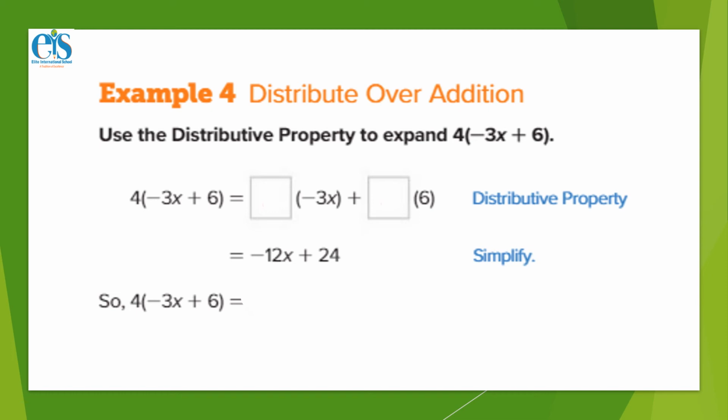We will use the distributive property here, which means 4 gets distributed to all the terms within the parenthesis. 4 times -3x plus 4 times 6. I repeat, the 4 is distributed to the -3x and the 6.